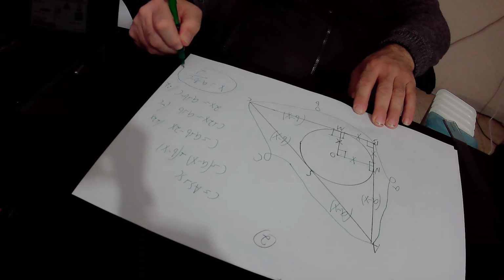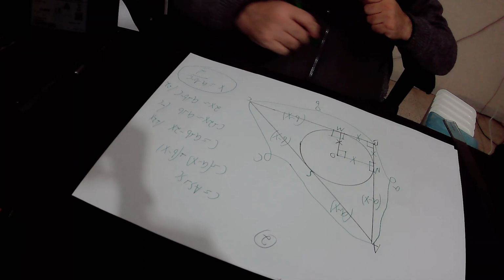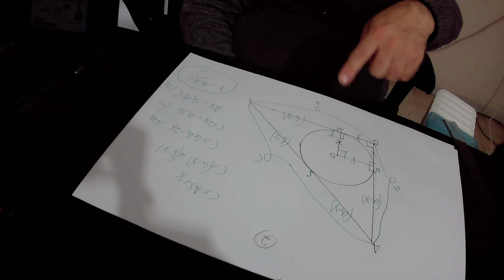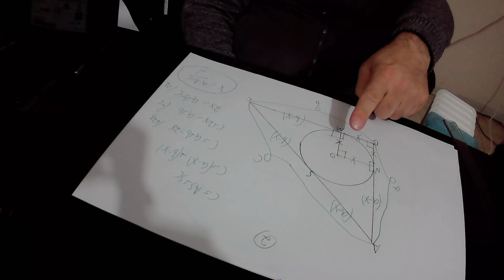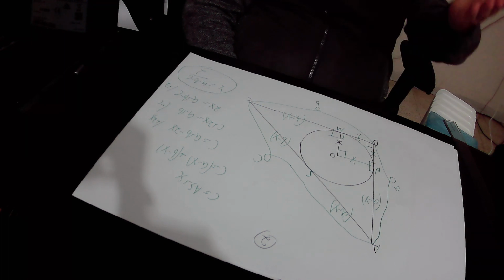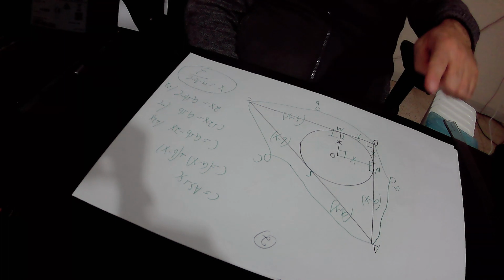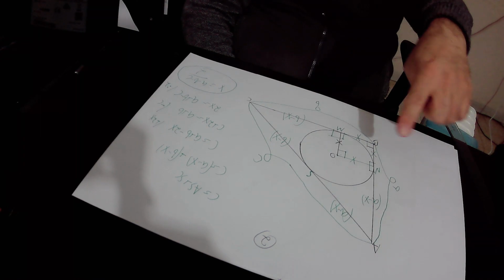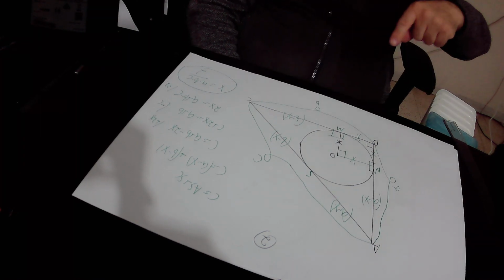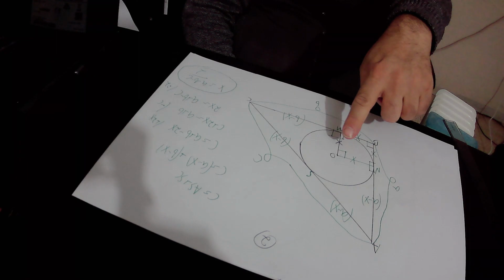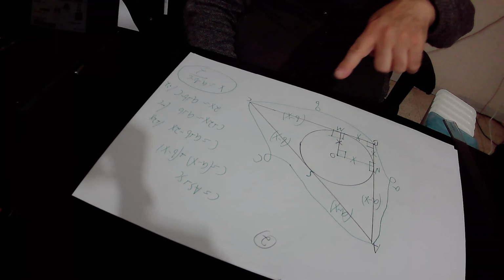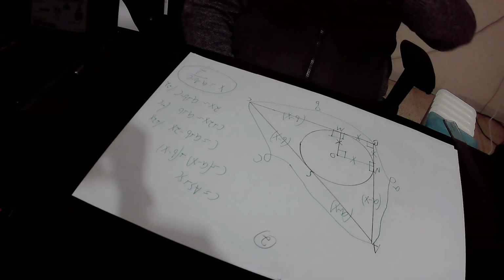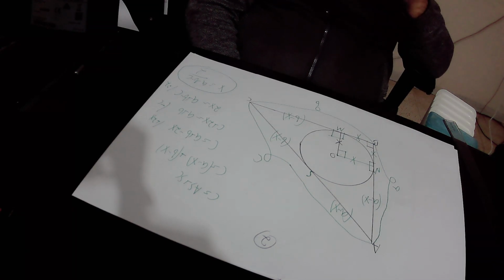So we succeeded in developing a formula for the radius of this circle, that is X, and we can now find out the radius only by knowing the side lengths of this right triangle that blocks this circle. Let me repeat again.